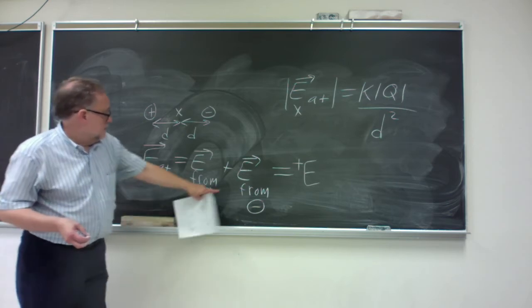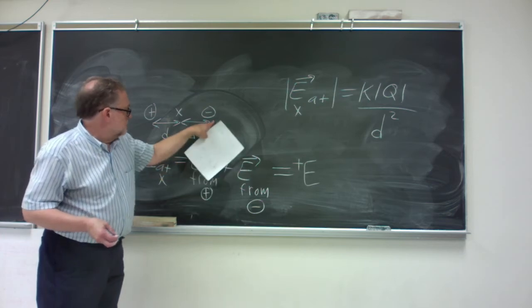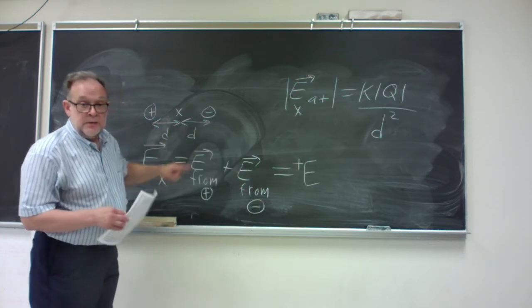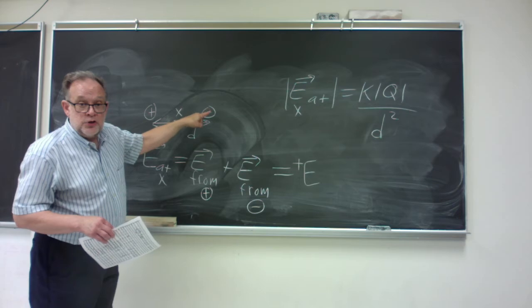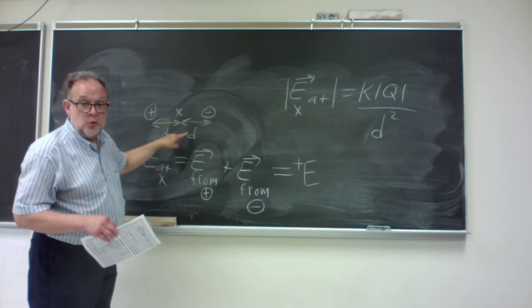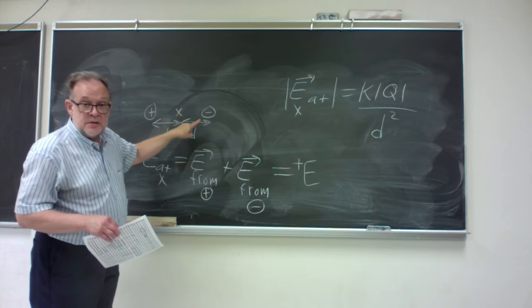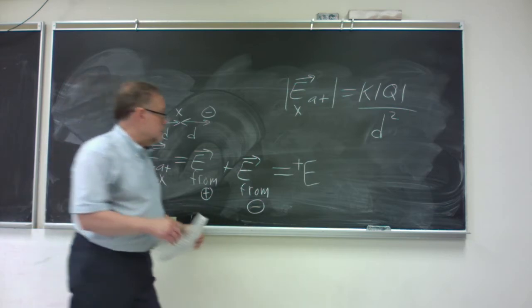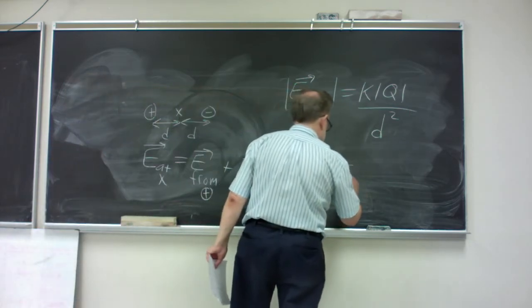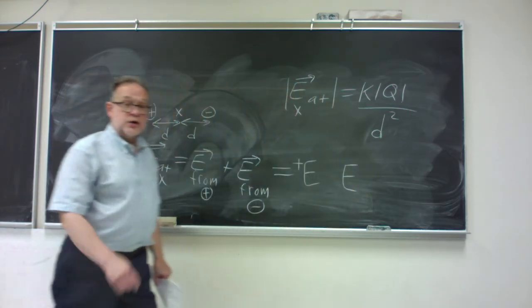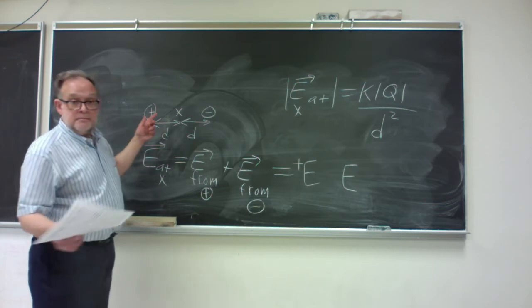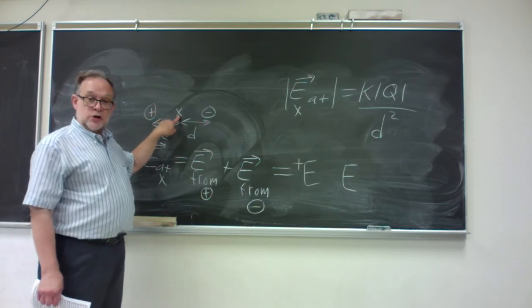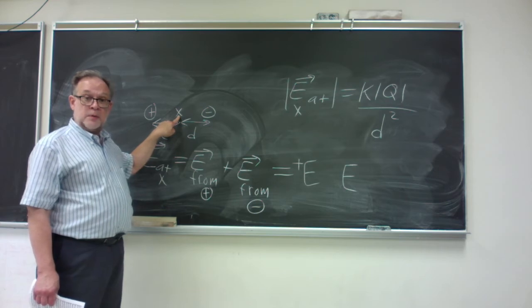And then the other field comes from this. And again, this is one unit of charge causing a field one step away. So the magnitude of the field at X that is caused by this is also just plain E. And then what's the direction of that field? Well, put a positive charge there and then ask what kind of force it would feel.